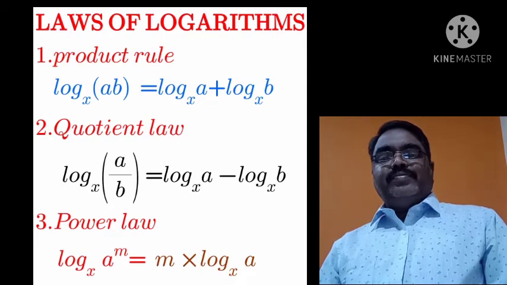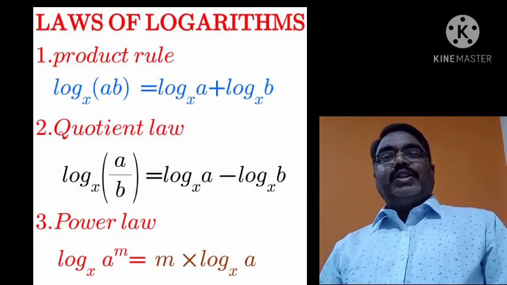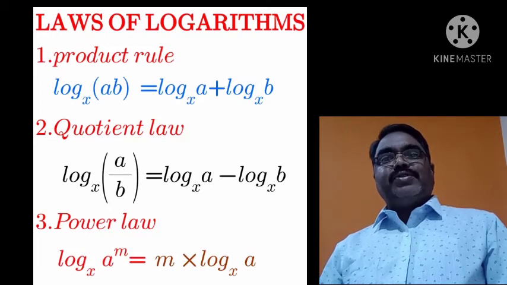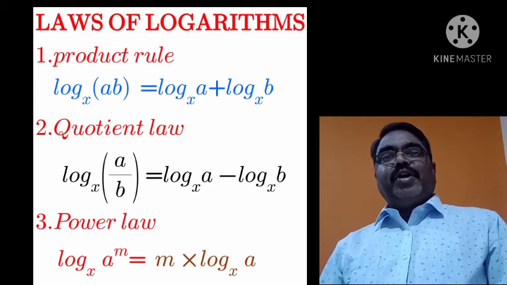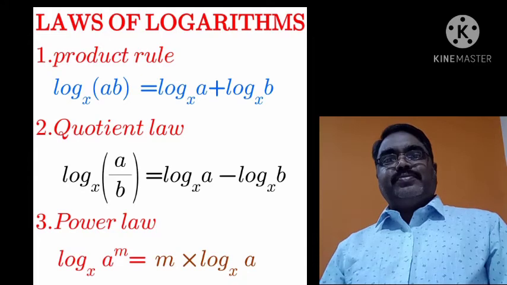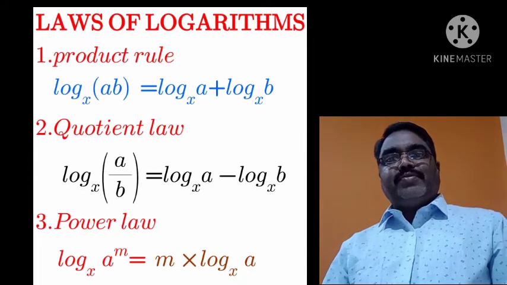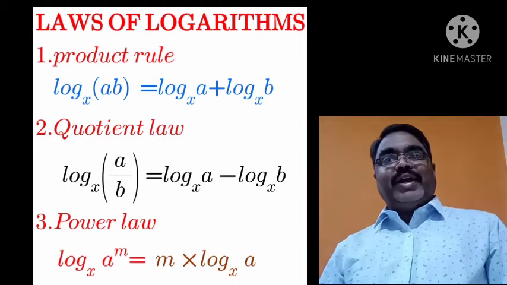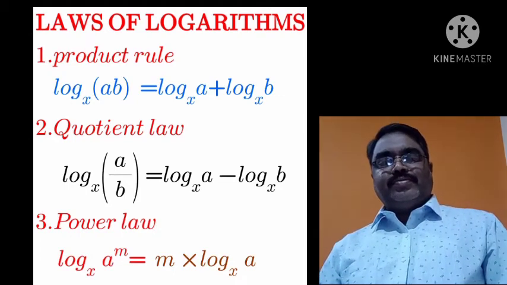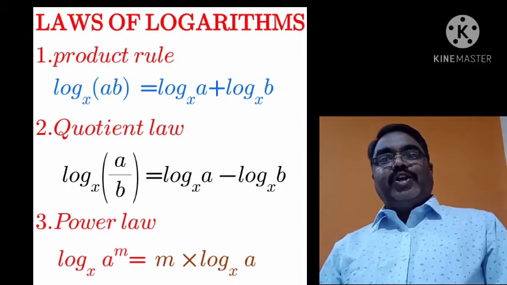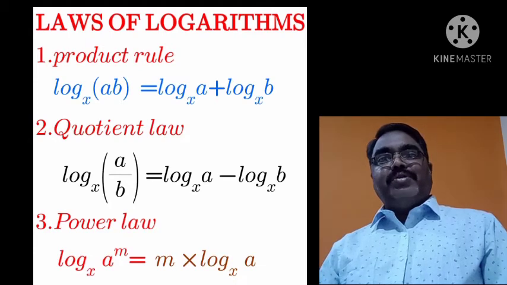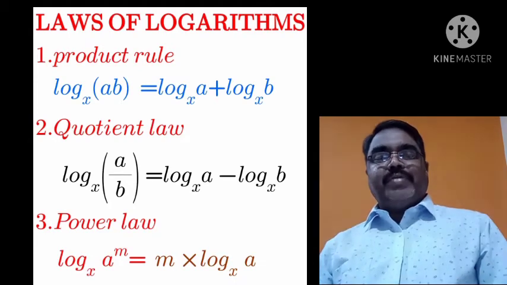Once again, product rule: logarithm of product of two or more numbers is equal to sum of their logarithms. Logarithm of quotient of two numbers is equal to the difference of their logarithms. And the logarithm of a to the power of m is equal to m times logarithm of a to the base x.